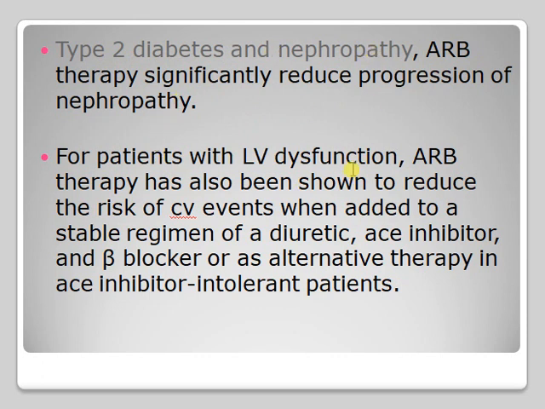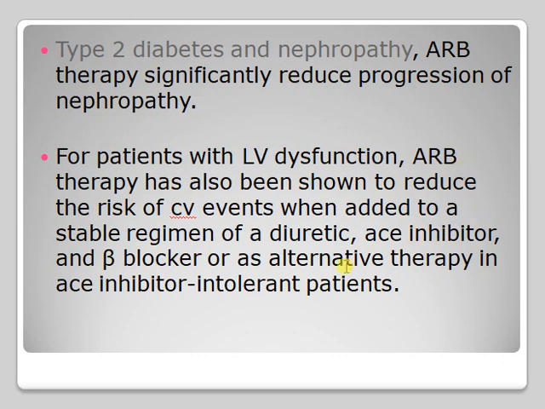They can also be helpful for patients with LV dysfunction, and they can be given in combination with other drugs. But we have to keep in mind that we should not prescribe ARBs with ACE inhibitors. We are giving them as an alternative therapy. If the patient is not on an ACE inhibitor, then only we can give an ARB, or we can replace ACE inhibitors with ARBs.